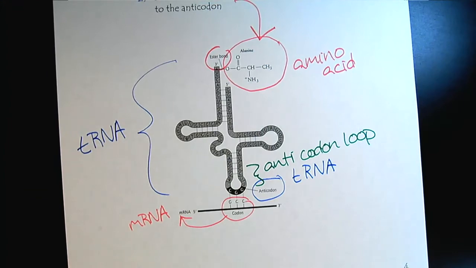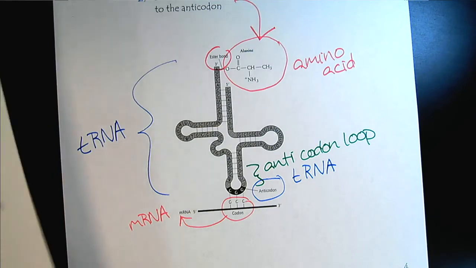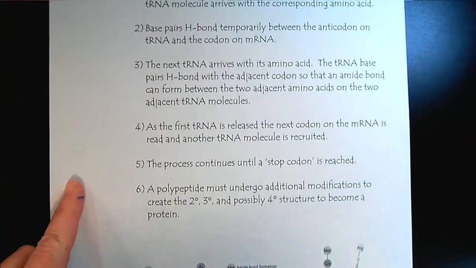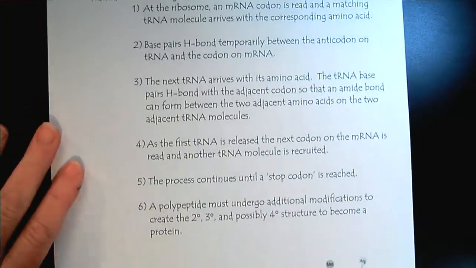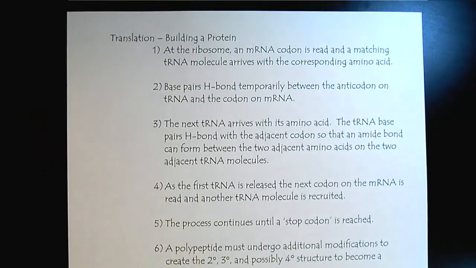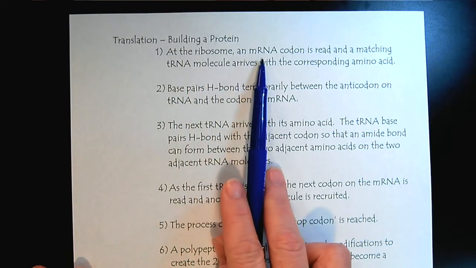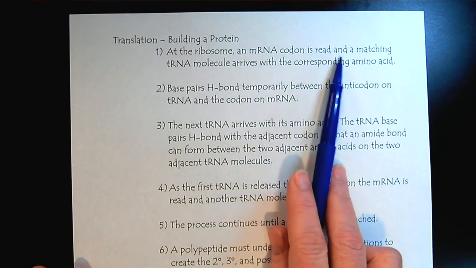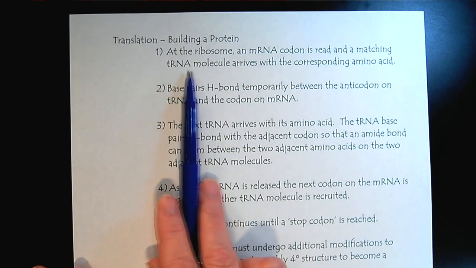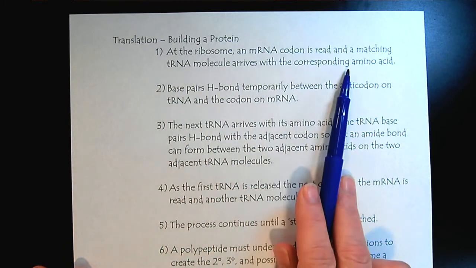Alrighty. Okay, so now let's look at how this all fits together to synthesize proteins. Building a protein. Alrighty. So now we'll even have the ribosome structure there. So let's look at that. Okay, so at the ribosome, a messenger RNA codon is read, and a matching transfer RNA molecule arrives with the corresponding amino acid.